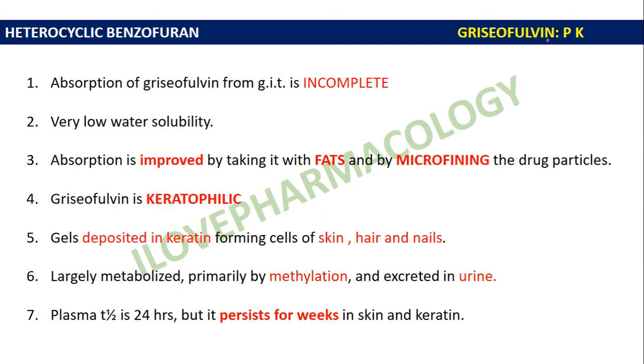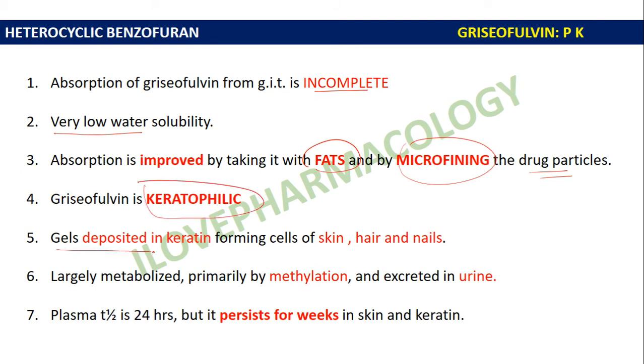Coming to the pharmacokinetics of griseofulvin, absorption from the GIT is incomplete because of very low water solubility. Its absorption can be improved by taking it with fatty meals as well as by microfining the drug particles. Remember, griseofulvin is a keratophilic agent which loves keratin.